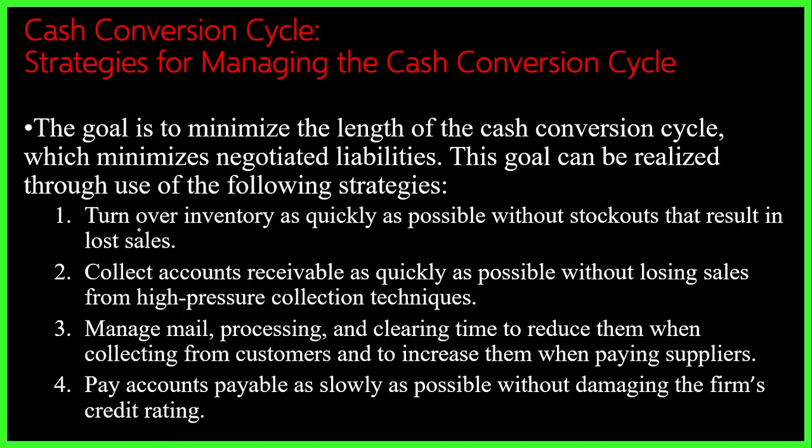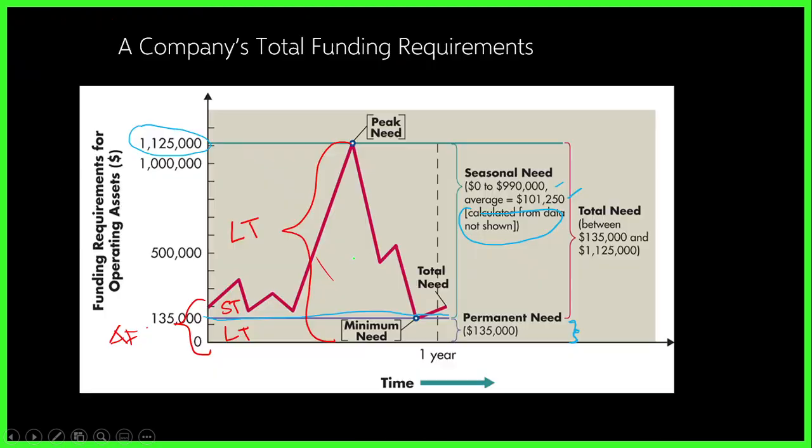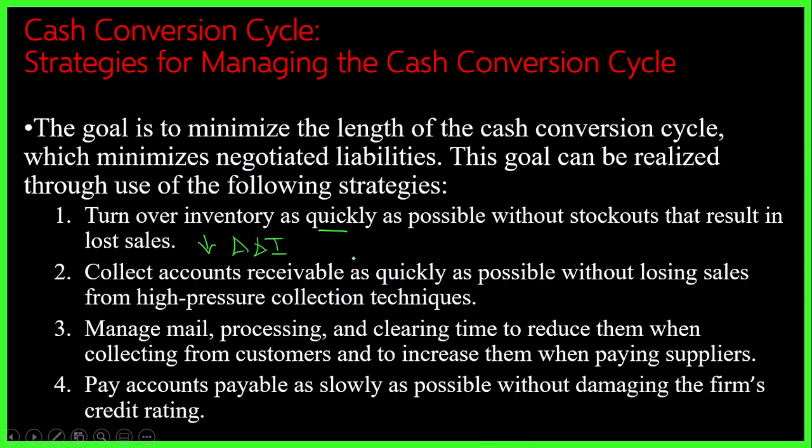What is the effect of this? If your turnover is higher, this will result to lower average age in inventory. So naalala nyo kanina yung discussion natin. If we go back to that slide, lower average age in inventory. Okay, so ayun. Collect accounts receivable as quickly as possible without losing sales from high-pressure collection techniques.